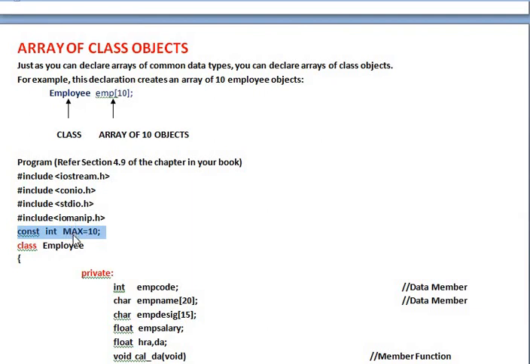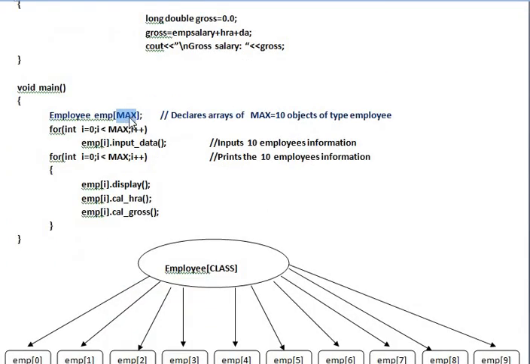Max is a constant now, which holds an integer value 10 as its data type is int. As you already know, constant values cannot be changed, so this value 10 assigned to max shall become a fixed value. It cannot be changed later on. So here max will denote the constant value 10.